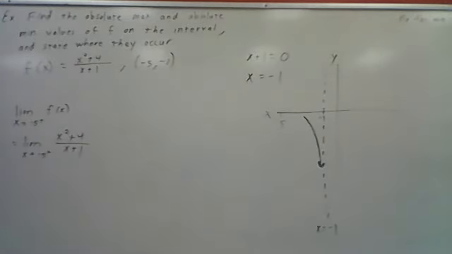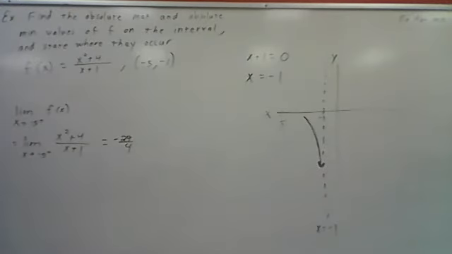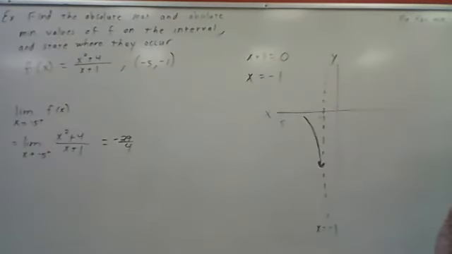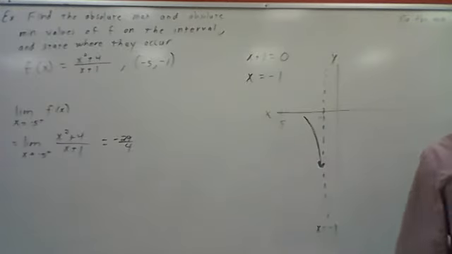This will be a good exercise to pause the video and work this limit yourself, and then when you hit play, you can see if you got the same thing I got. I got -29/4. So this thing's not going off to infinity or negative infinity, so I should have an absolute max on this interval.